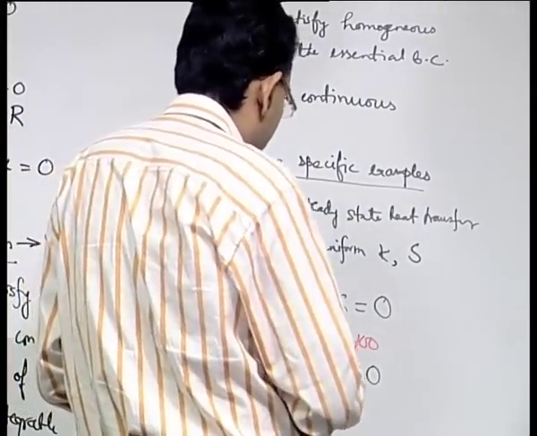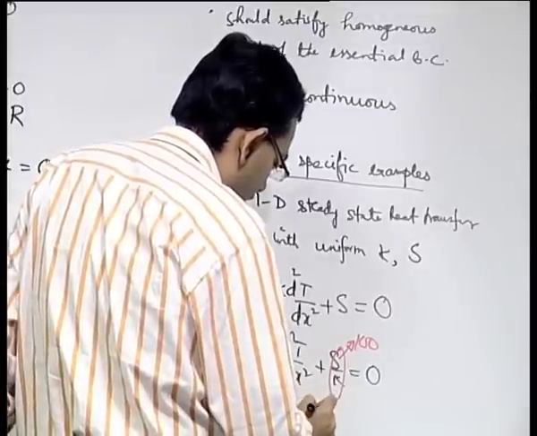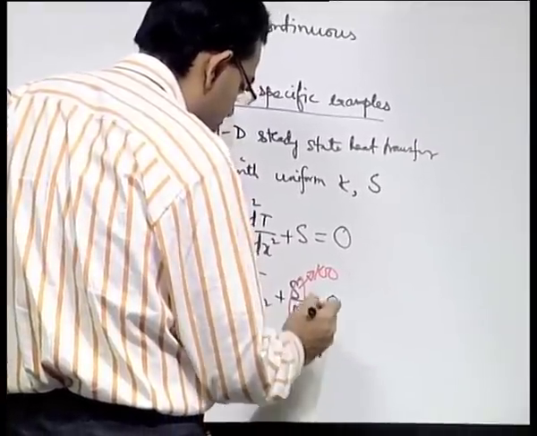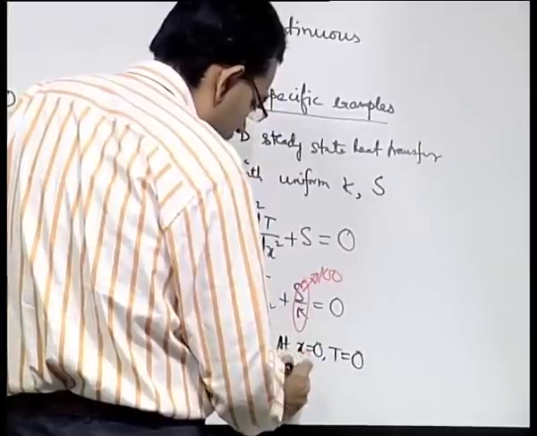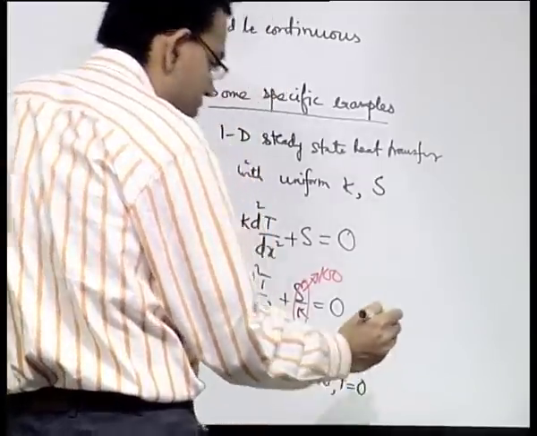And let us say that the boundary conditions are such that at x equal to 0 you have T equal to 0, and at x equal to 10, T equal to 0.